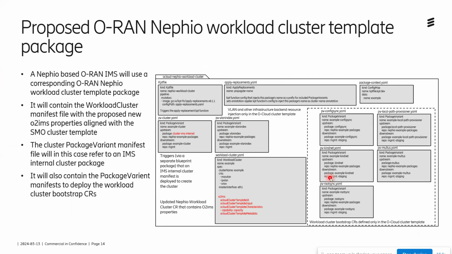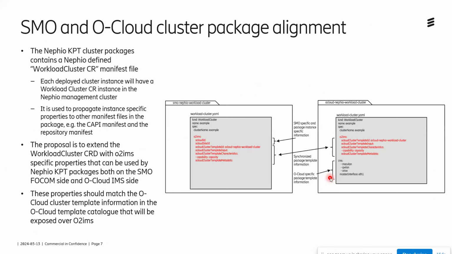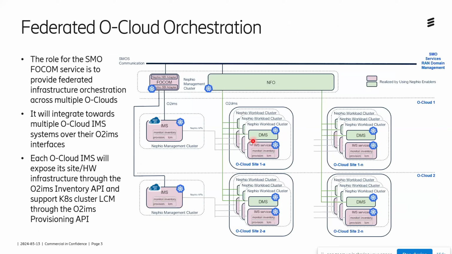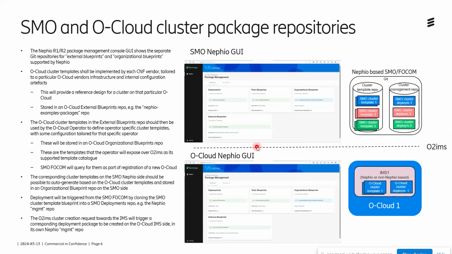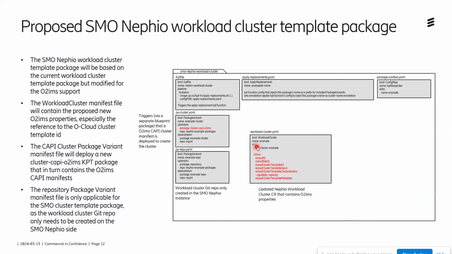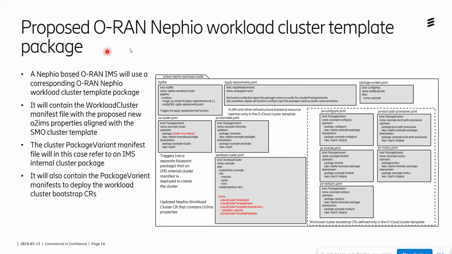And then what we said earlier in the meeting, I can go back to it, these resources. We talked about these pink resources here, we say that there are some cloud global resources in your cluster that would be there. So my suggestion is that those parts, we make them a part of the template on the OCloud side.